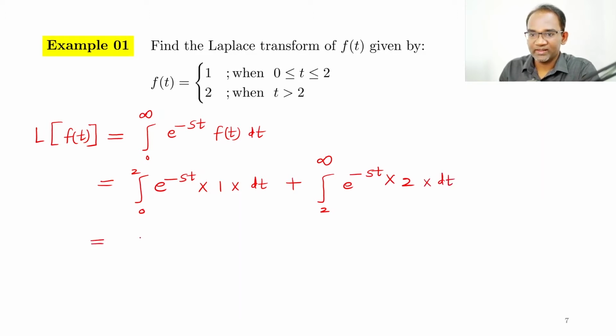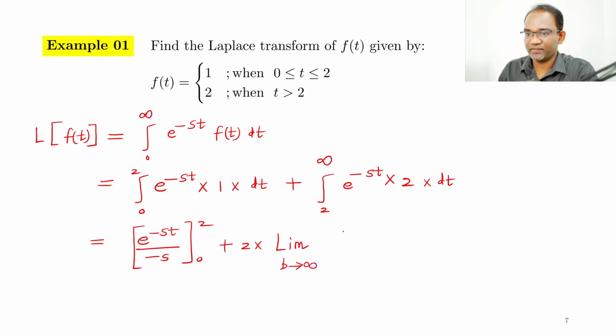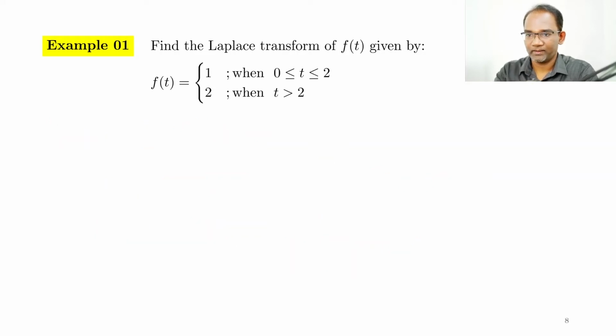When we integrate this, the first term is e raised to minus st over minus s within limits 0 and 2, and the second integral is 2 times the limit as b tends to infinity of the integral from 2 to b of e raised to minus st dt. So this can be written as F(s) equal to minus e raised to minus 2s over s.